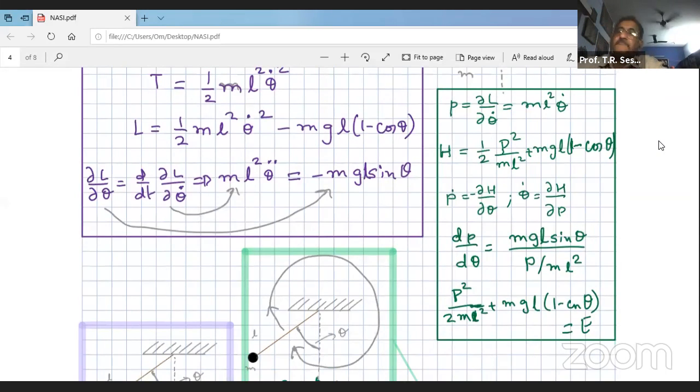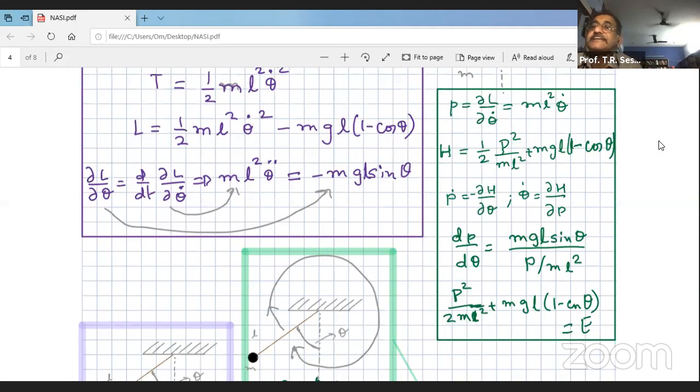And by the same mathematical machinery we have developed, we will calculate the Hamiltonian equations of motion, which is P dot equal to minus del H by del theta and theta dot equal to del H by del P. And then I divide these two as I did before. So I have P dot by theta dot, same as dP by d theta, and that is equal to, if I substitute, mgl sine theta by P by ml square.